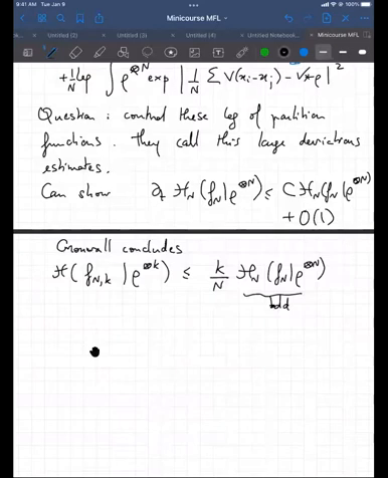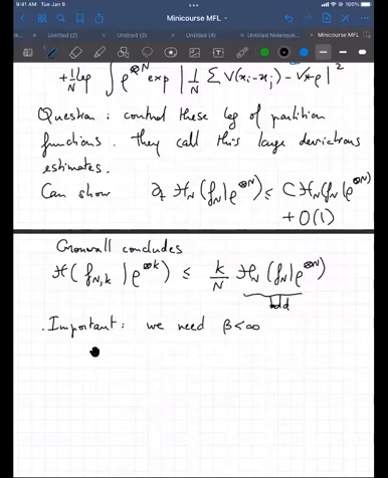Okay, so important remark, in case you haven't noticed, important in all this, we really need beta to be finite and not infinite. Because we absorb a piece of the derivative into this Fisher information.